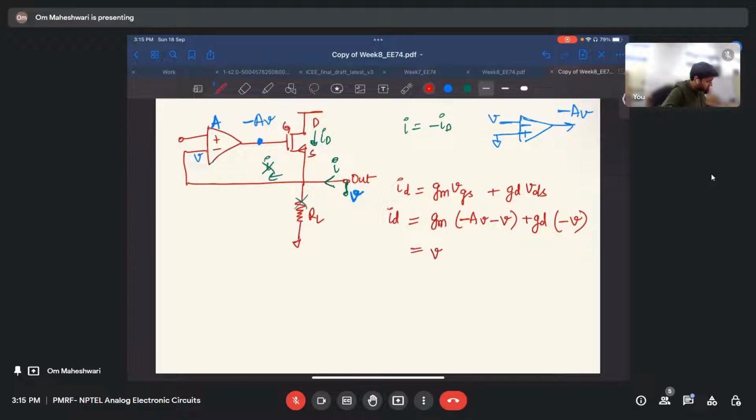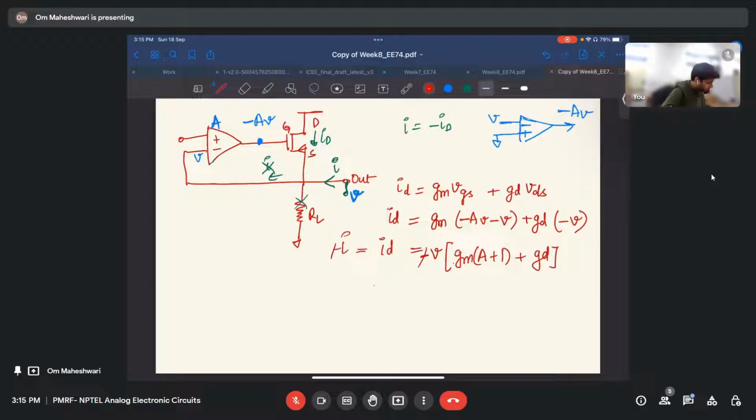Okay, so let's take minus V common. We get minus V times (GM (A plus 1) plus GD) equals ID, and we know this is equal to minus I. Minus minus cancel.